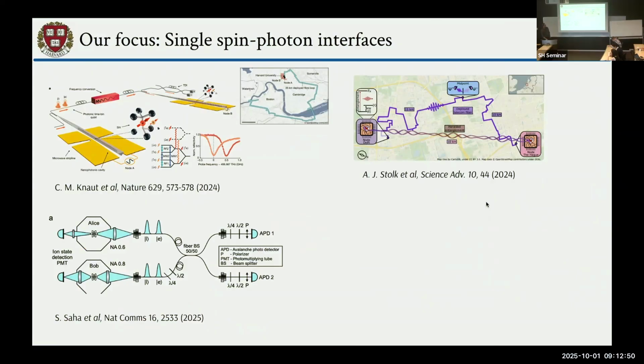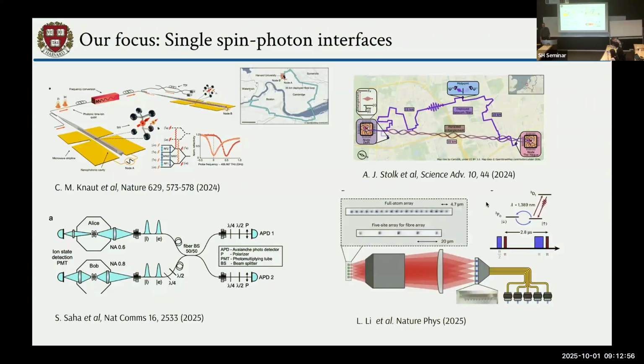So defect centers, group 4 and NV centers, ions, and also Jake Covey, for example, from the University of Illinois, have also done entanglement in telecom with atoms. So these platforms all fall within the bucket of single spins interacting with photons, basically. And given that, that's what we're going to focus on.